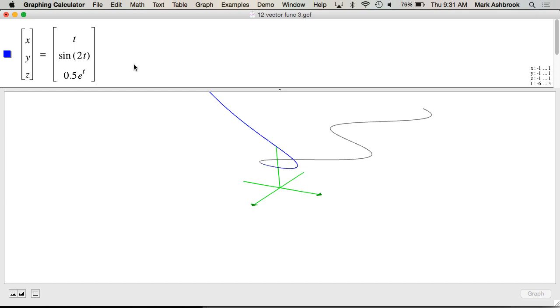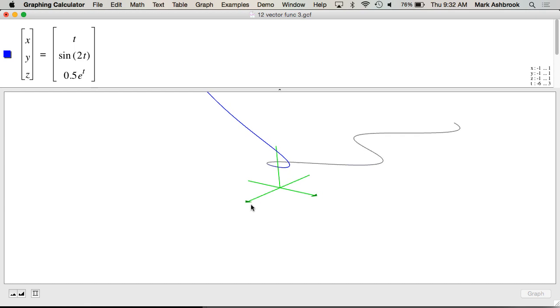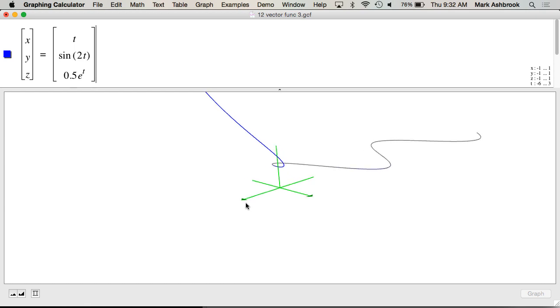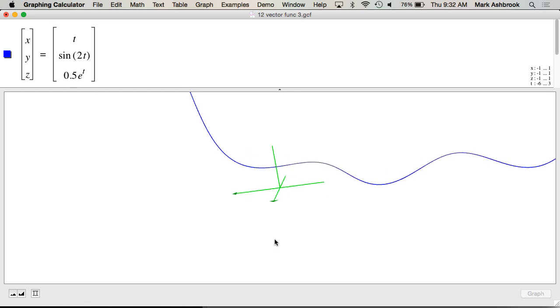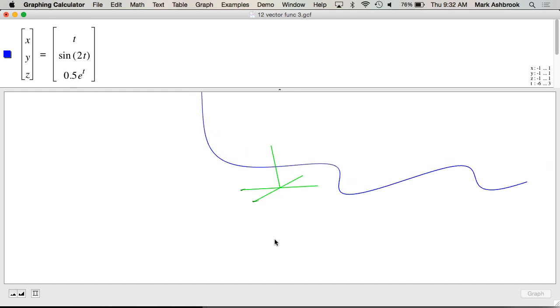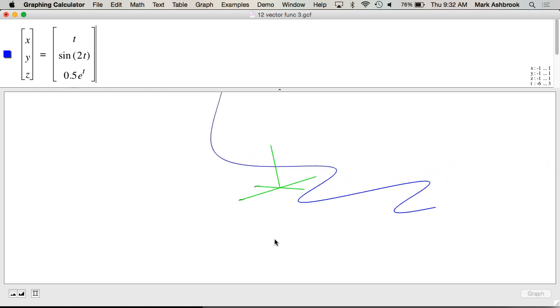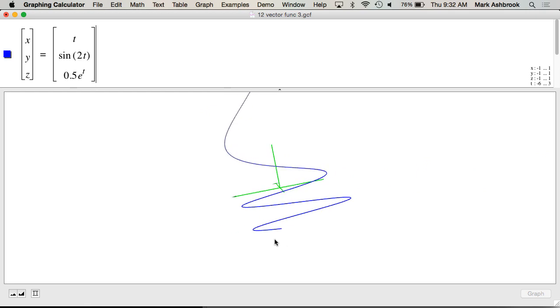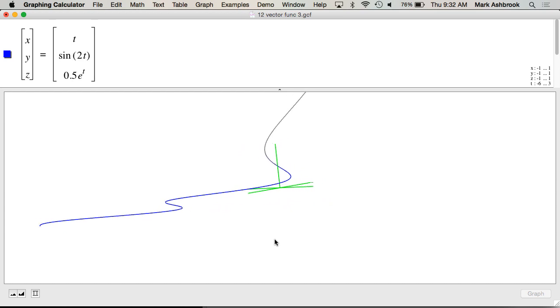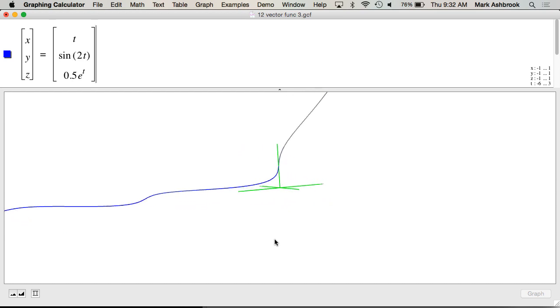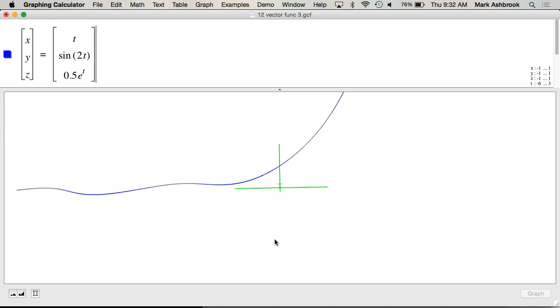So let's think about this. What will happen? Here's this curve. Let's give it a spin here. So here's this curve according to that vector function. I want to project this onto the xy plane, meaning I'm going to look from above, up on z.